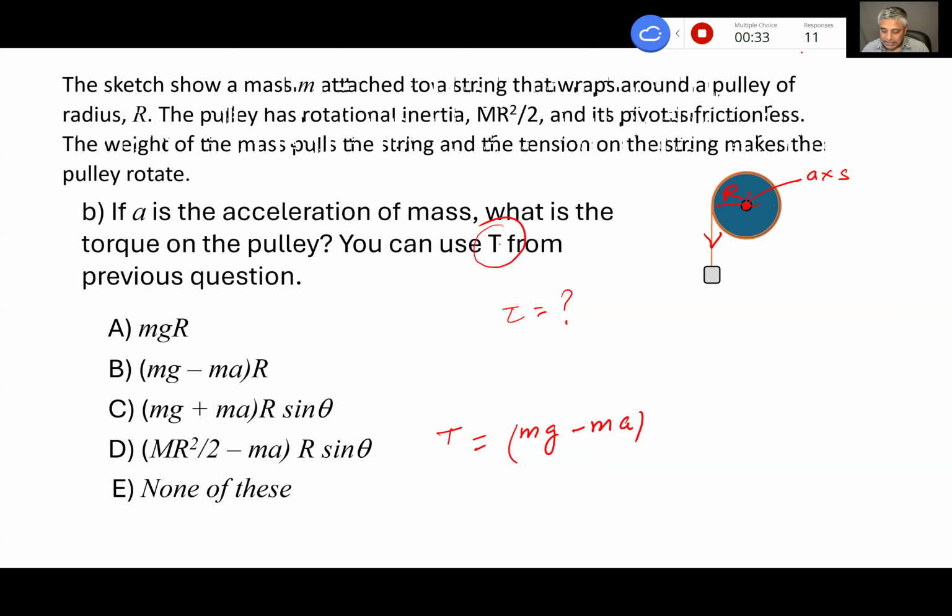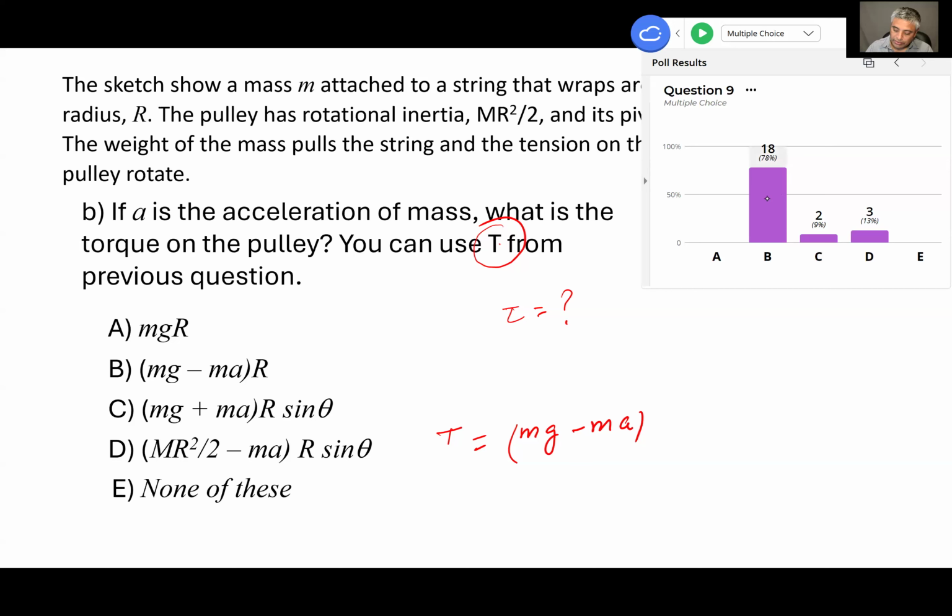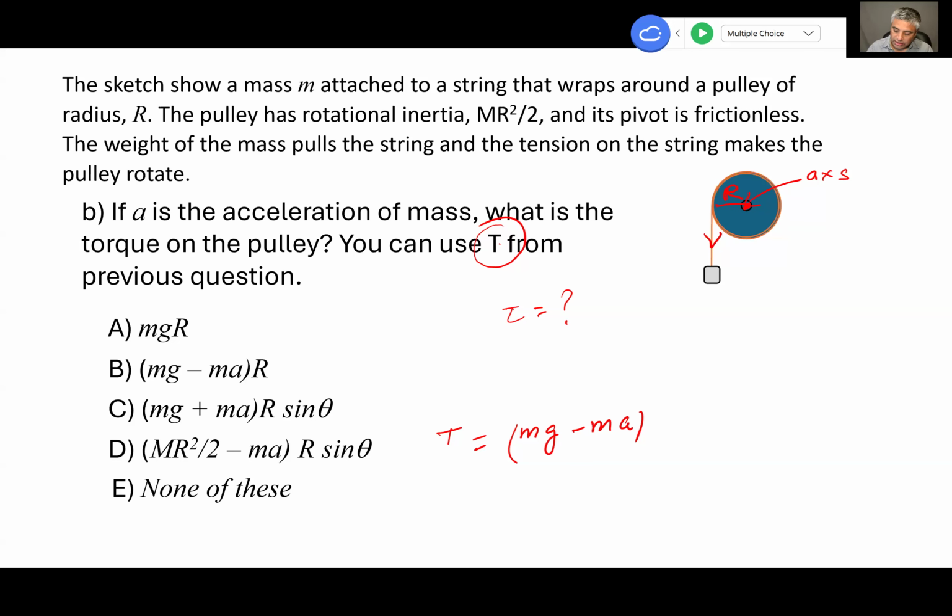Five more seconds. 5, 4, 3, 2, 1, and it stops. So we mostly got B, and that is the correct answer because the lever arm in this case is just R. So that means torque is L times F. F is the tension force, and this lever arm is R. So that's why that is the correct answer.